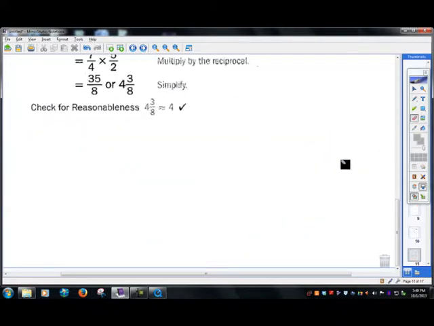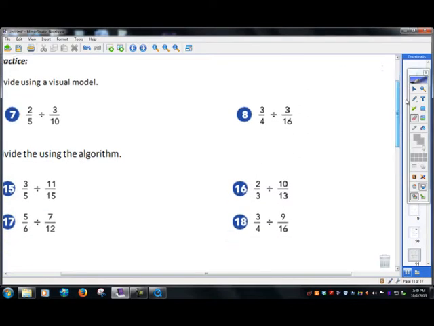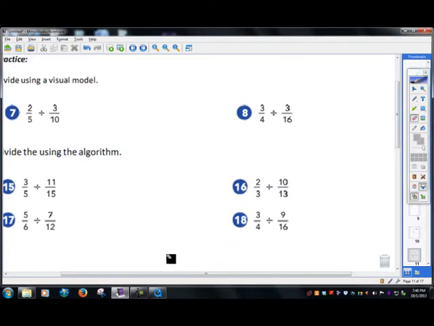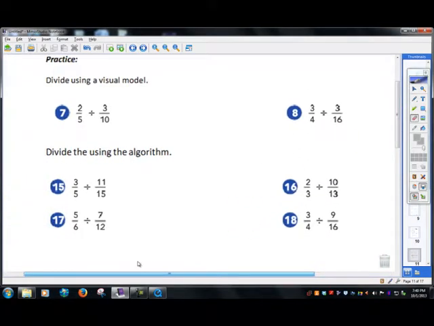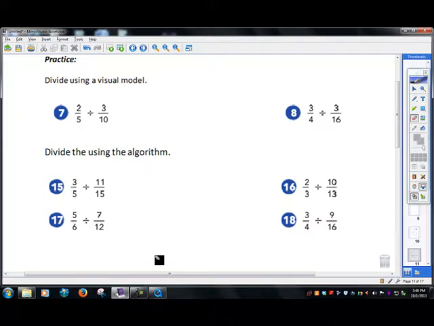Let's go to the next page. Okay? I want you guys to go ahead and pause and try this for me, please. Okay? All right. Here's number 7 that I just told you to do. Okay, here's my strip.